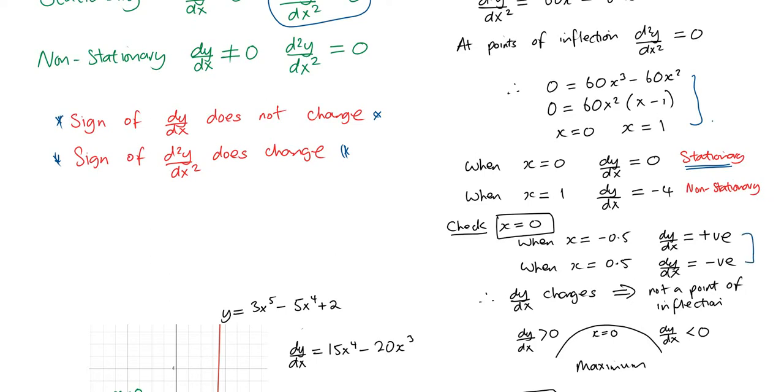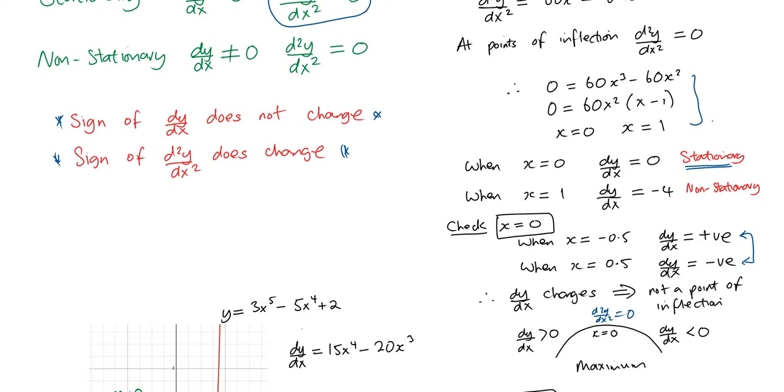By checking this, we find that at x equals 0 it's not a point of inflection, it's actually a maximum point. But at this point d2y by dx squared is equal to 0 as well. So it doesn't have to be a point of inflection if d2y by dx squared is equal to 0. We did this in the last video.